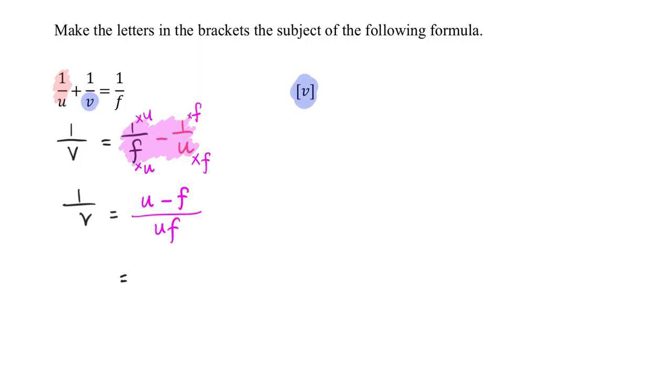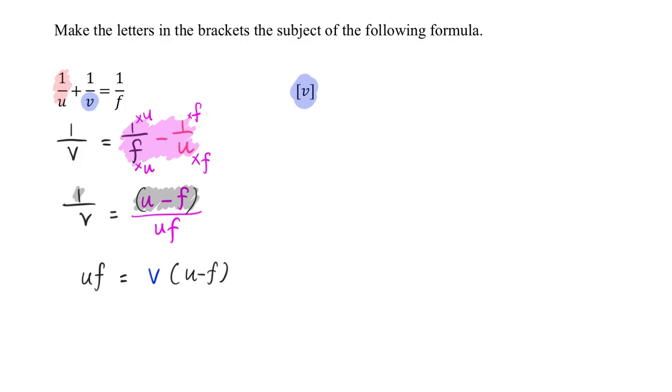I still have my U minus F multiplied by V. I will have my 1 multiplied by UF, so it will become UF after I multiply UF on both sides.